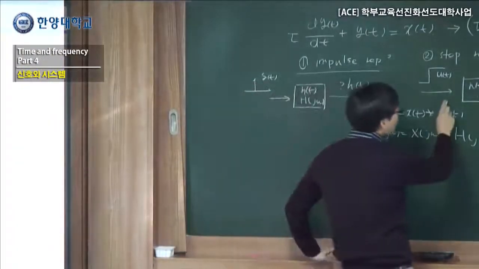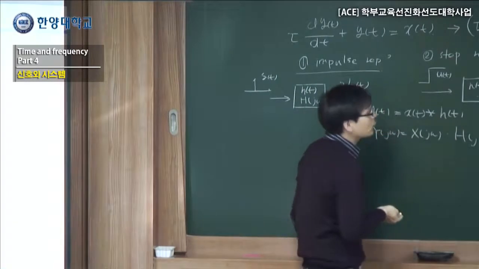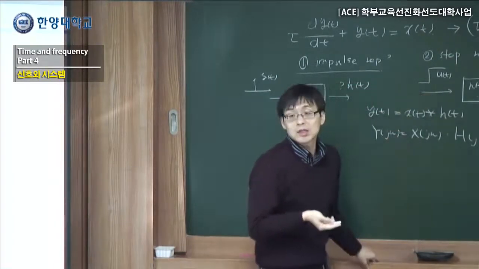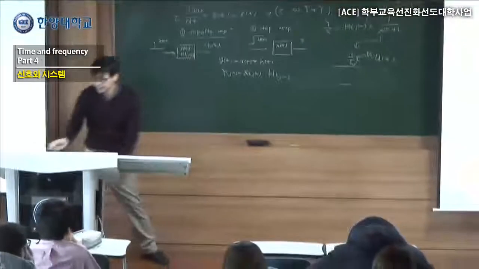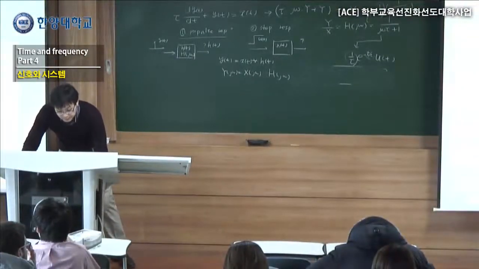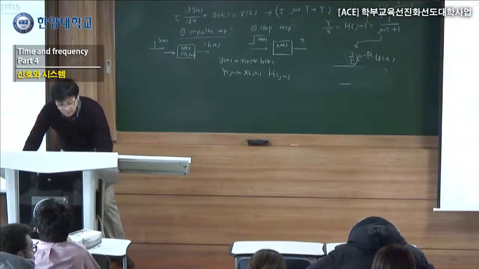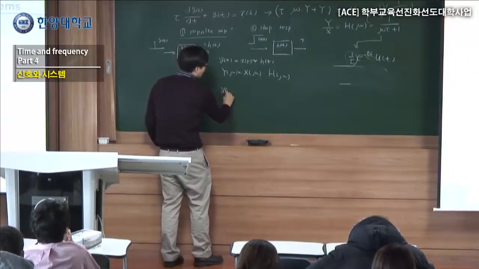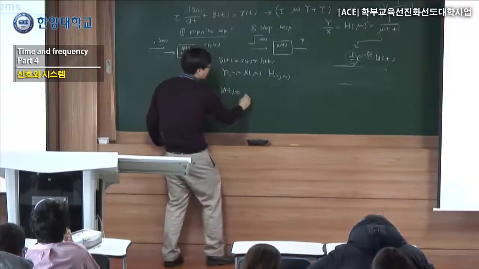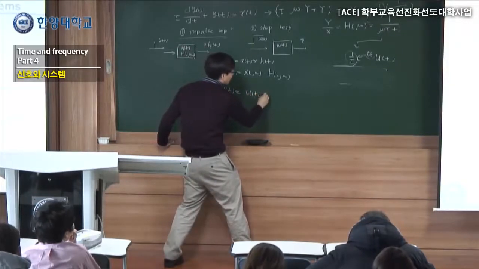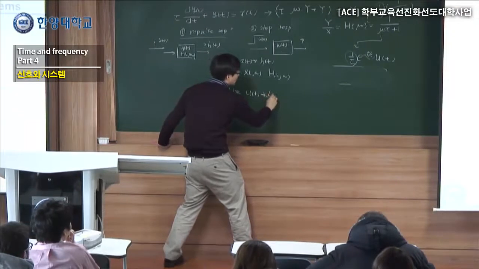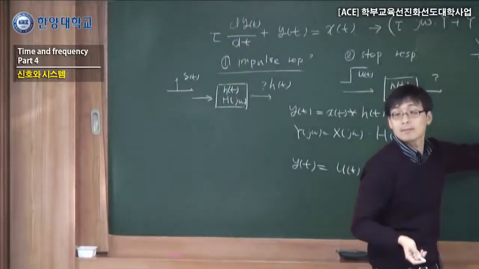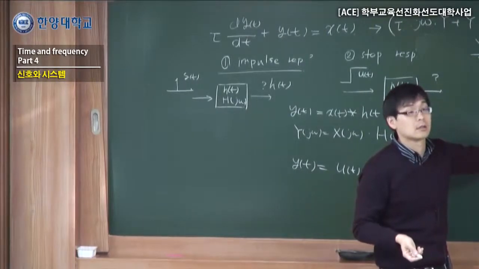So if you want to calculate the output of the system when u(t) is applied, the output will be the input, which is u(t), convolved with our system response, which is this, right?